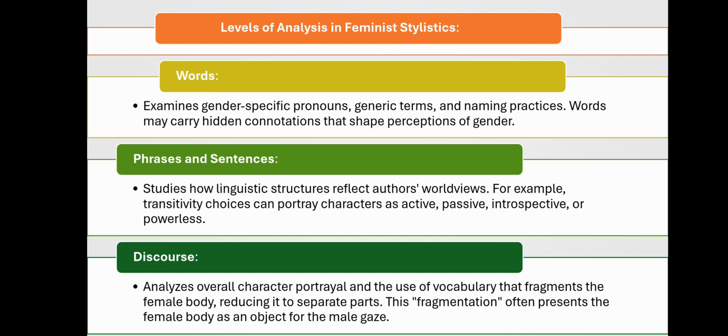When you are doing feminist stylistic analysis, we have levels of analysis. First, we have words. You have to identify and examine gender specific pronouns: what kind of pronouns are used, and what these pronouns refer to, male or female, and generic terms.